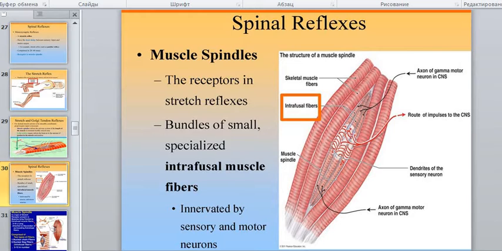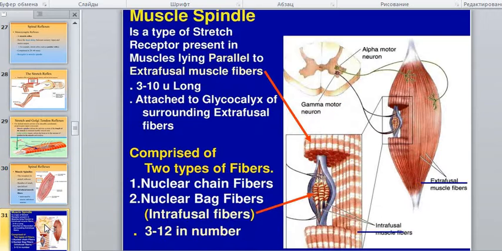So what are these muscle spindles? The receptors in the stretch reflex are bundles of small specialized intrafusal muscle fibers. We know that in a muscle we have extrafusal fibers and intrafusal fibers, innervated by sensory and motor neurons. Let's look at the next slide.